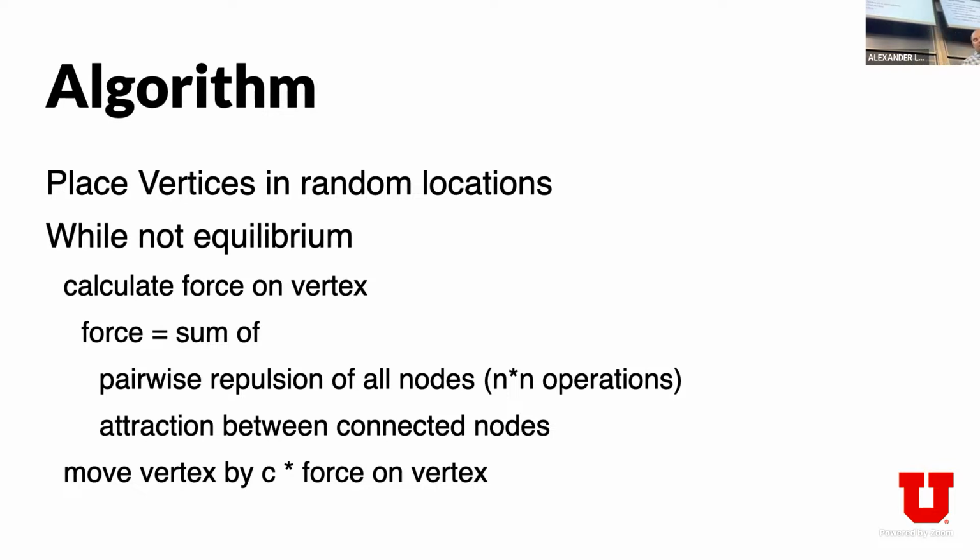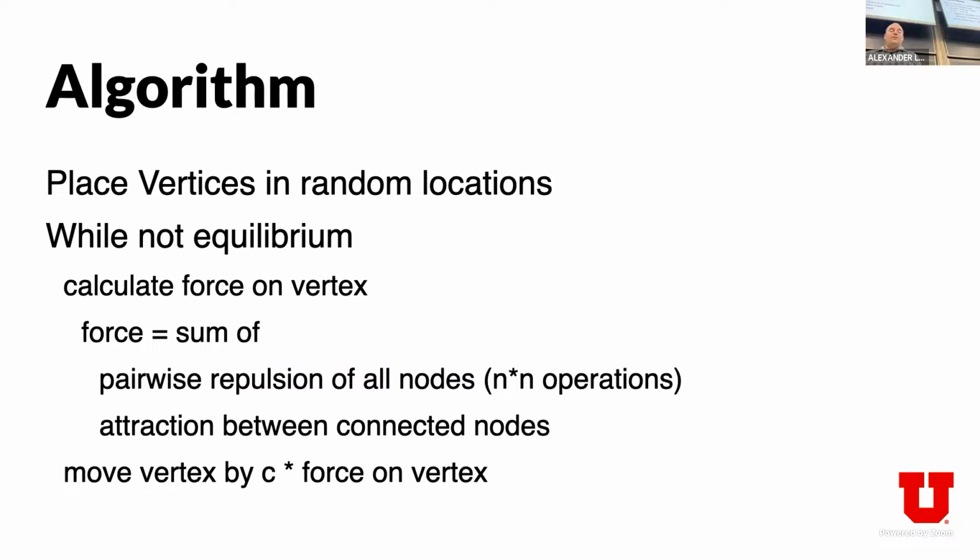And so this here is what is expensive about this layout algorithm, right? Because a pairwise calculation of all repulsive forces is very expensive. And this term here really scales with the number of edges, right? So if I have a very sparsely connected graph, then this is barely going to matter. If I have a completely connected graph, this is going to be exactly the same, asymptotically speaking, as the previous term.